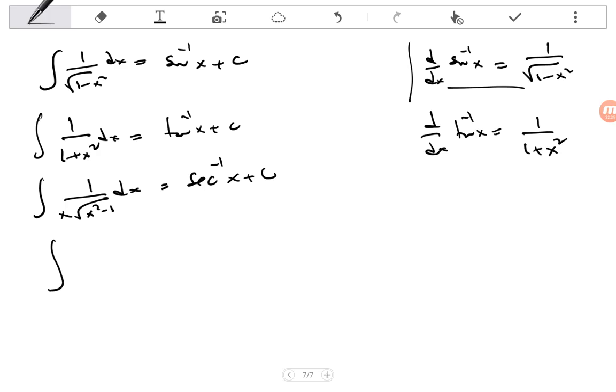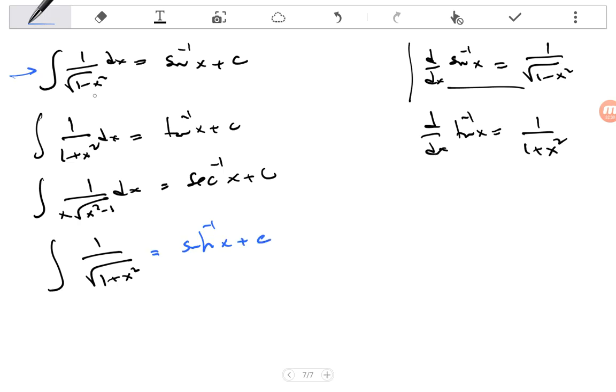And we also have the inverse hyperbolic functions. That is integration of 1 over root 1 plus x squared. Look, it just looks similar to this, but instead of the negative here we have a positive. In that case the result will be sinh inverse x.